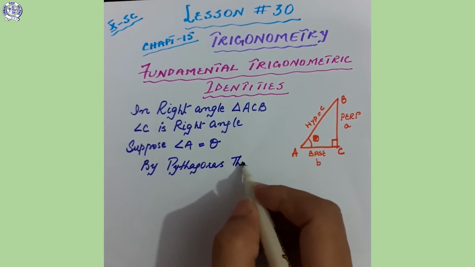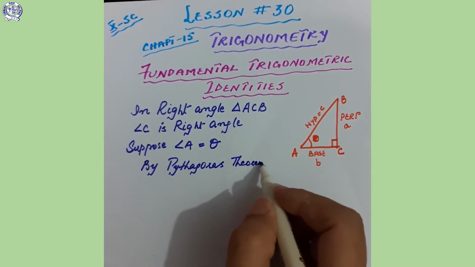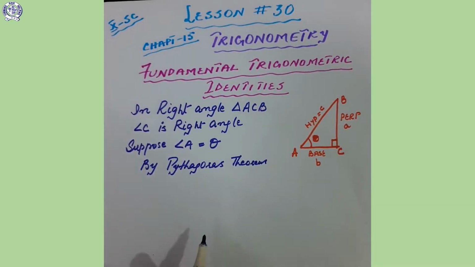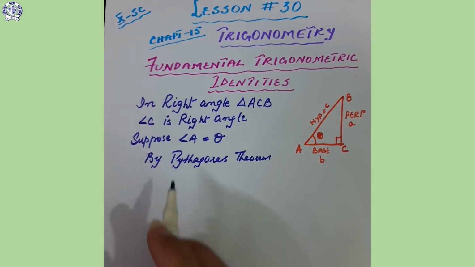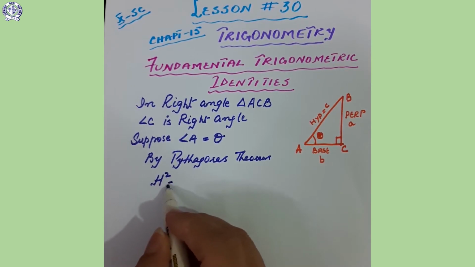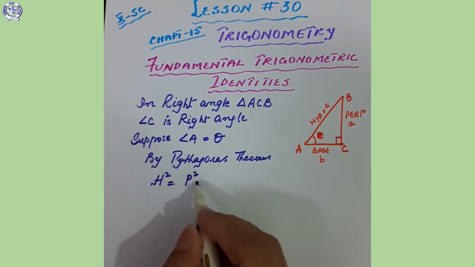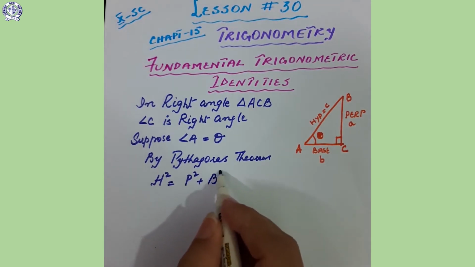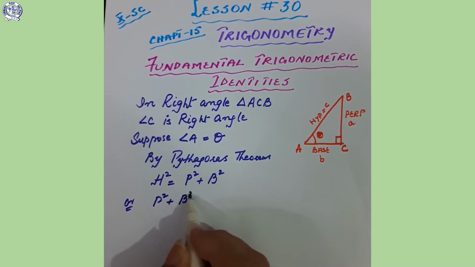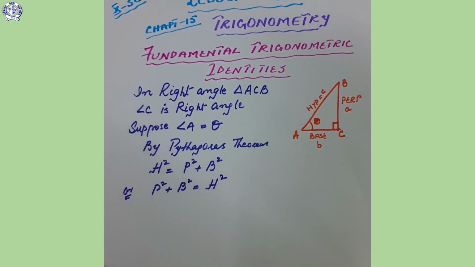Now according to this Pythagoras theorem, hypotenuse square is equal to perpendicular square plus base square, or you can say that perpendicular square plus base square equals hypotenuse square. Same thing.